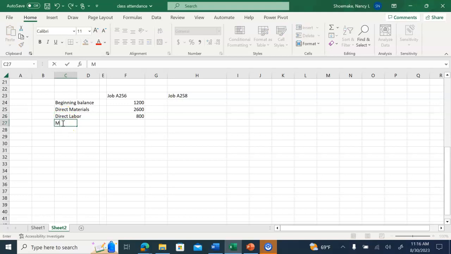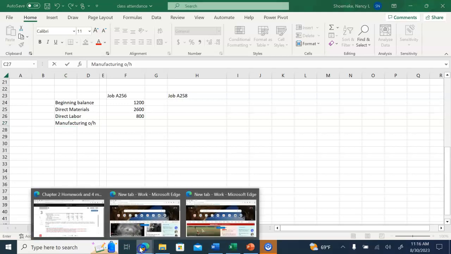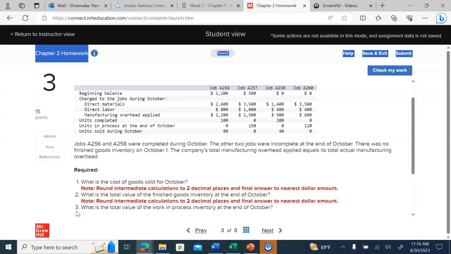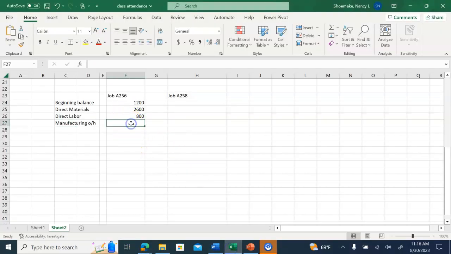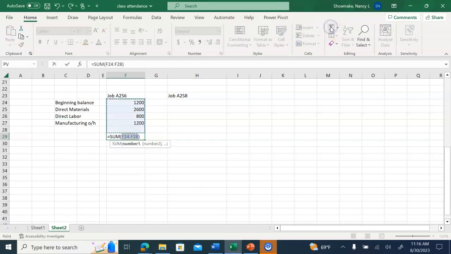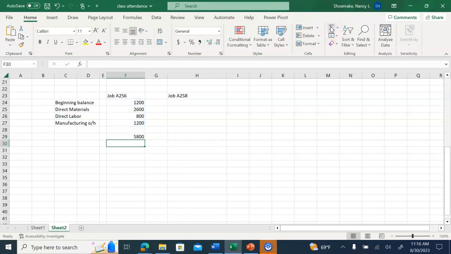And the manufacturing overhead is $1,200. So here we've got total costs here.